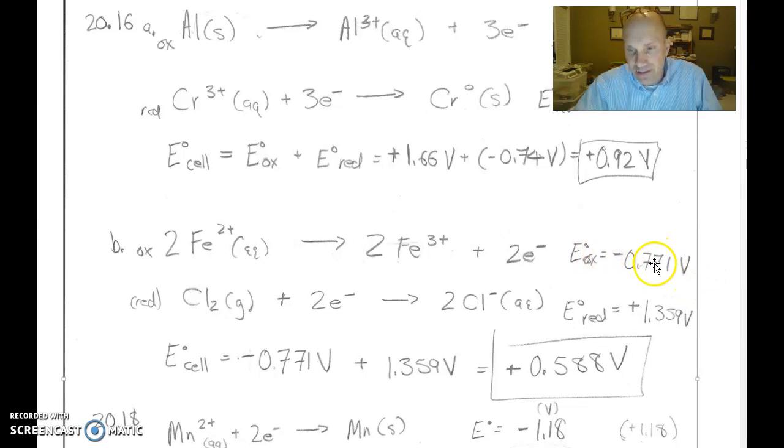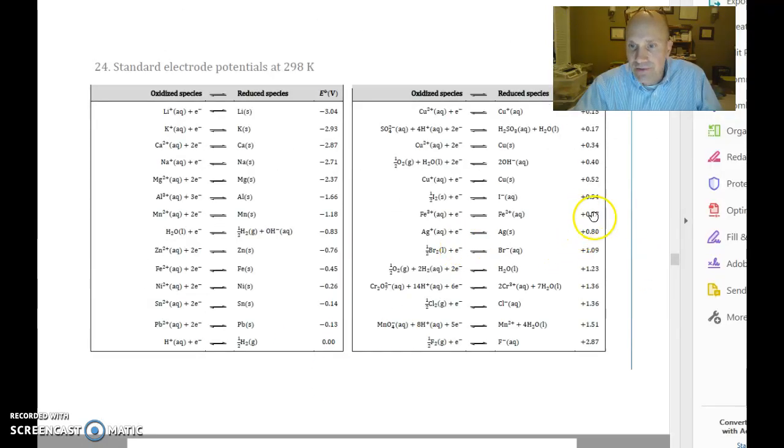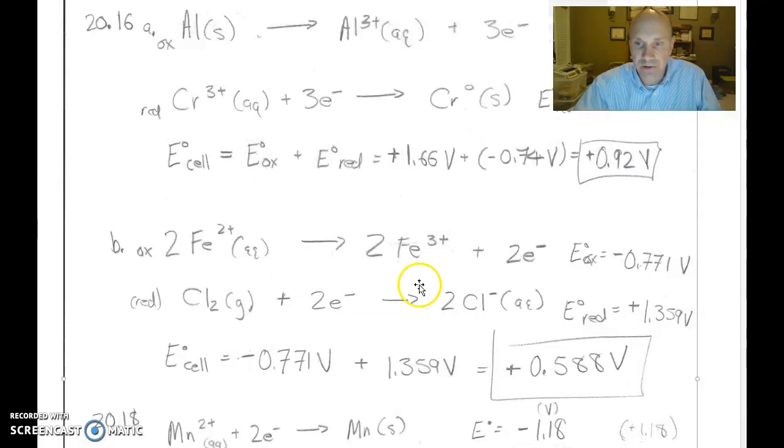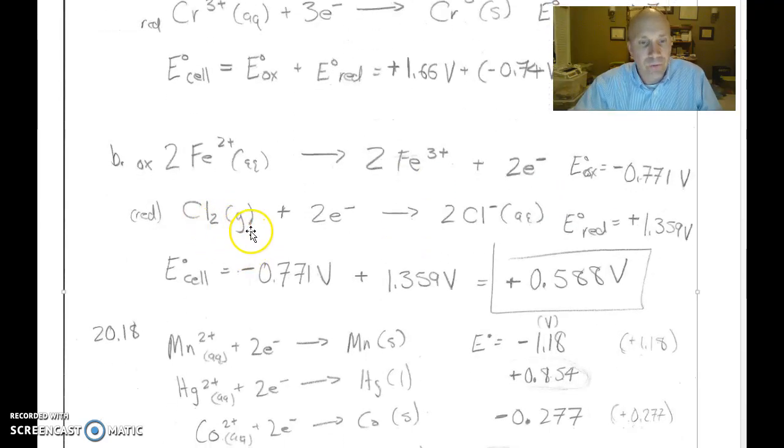The reason that this is slightly different from this one right here is that I got the data from the appendix in the textbook rather than the data booklet. So this is your reduction, and that would be written exactly the way it is in the booklets because it's a reduction, and that's how those are written.